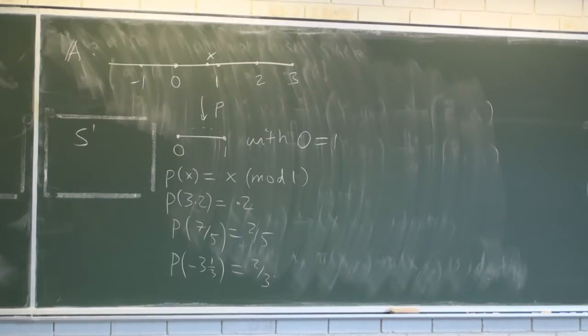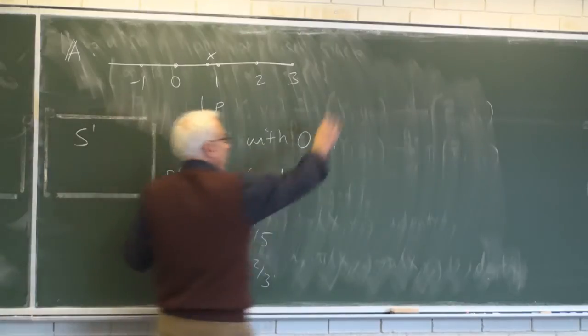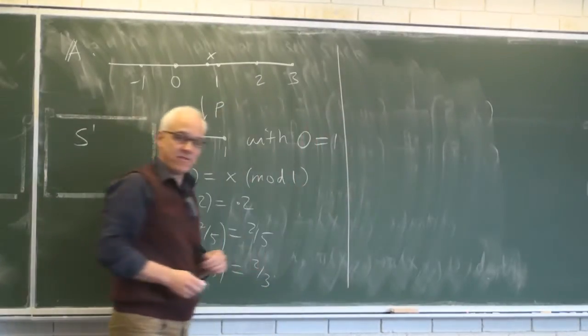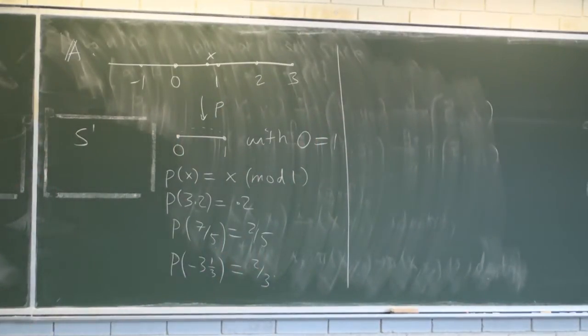Now there's another way of thinking about this map which is useful. It uses a little bit of abelian group theory. It's another interpretation, a little bit more sophisticated.